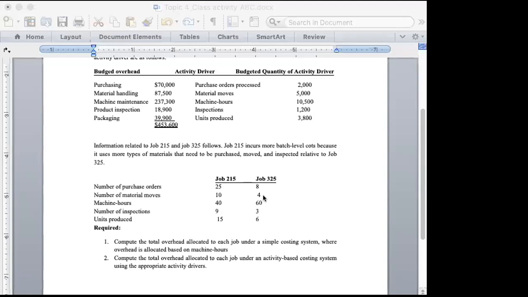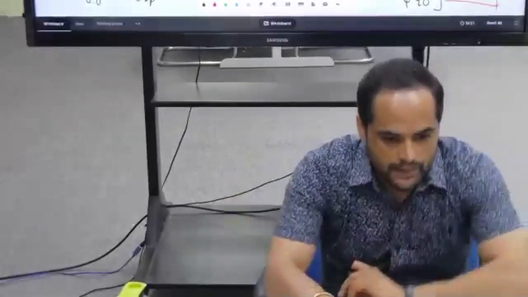Activity-based costing. Step 1, cost pool 1, 2, 3, 4, 5, five cost pools. Let me show you again.